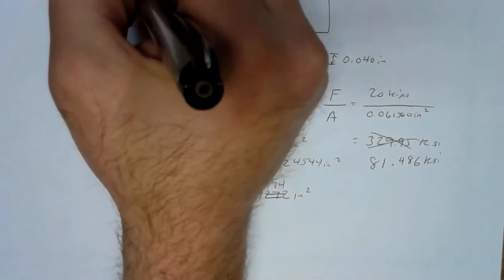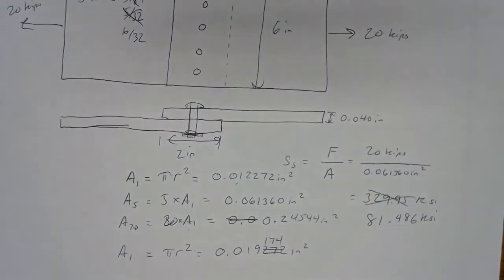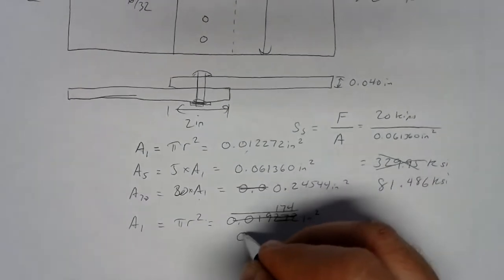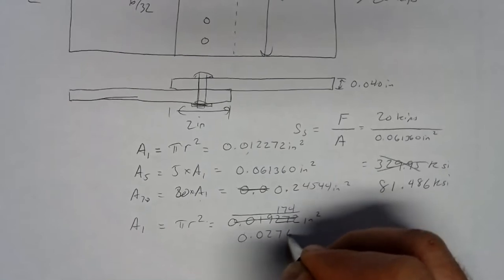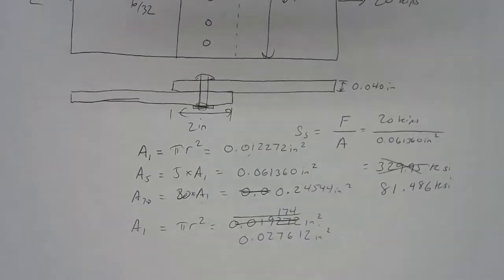If we go to a 6/32 rivet, well, the area of one of those is 0.027612 square inches, and 20 of those is 0.55223.